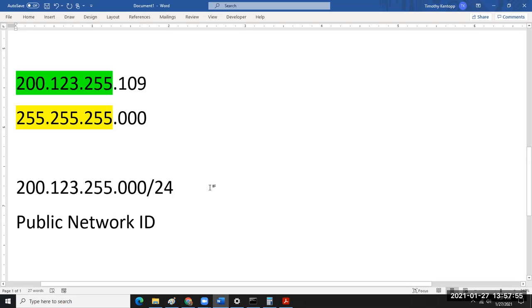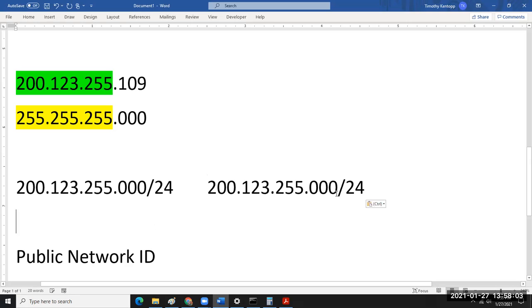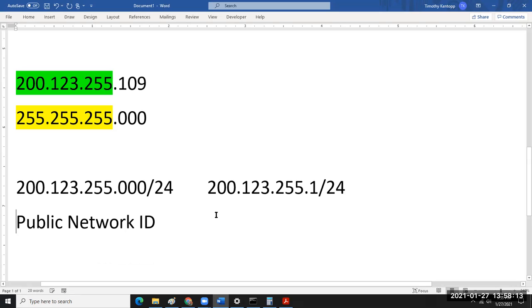That one. That's it. I can basically take this, copy it, paste it, and put a 1 there. That's my gateway address. I added a 1.